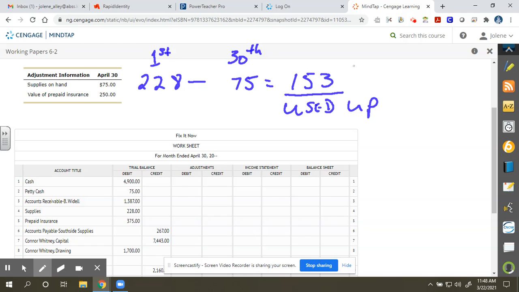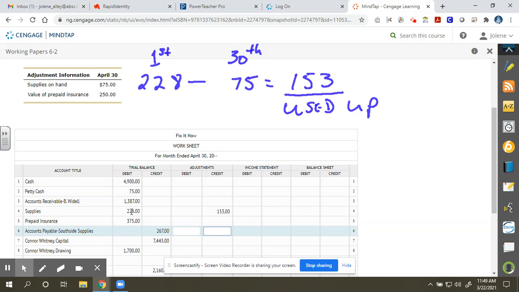So now I'm going to go down here, and supplies are assets. They increase on the debit side. But I need to show that they used up $153 worth. So I'm going to go under the credit side, and I'm going to put in $153.